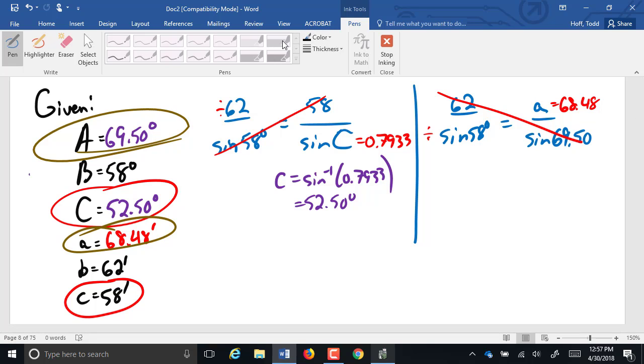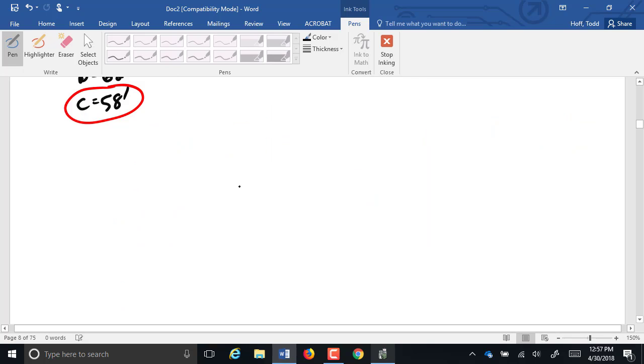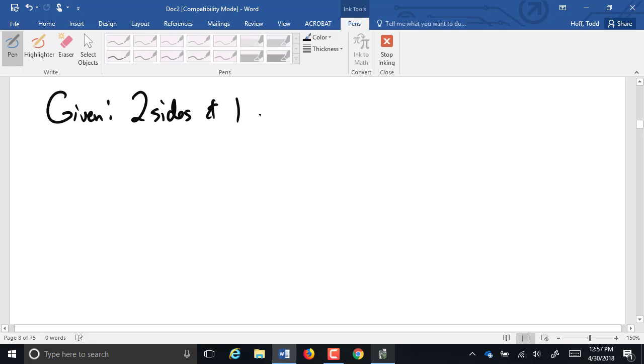So I made a big deal about that angle being opposite the longer of the two sides. Why would that be a big deal? So let's say we're given two sides and one angle that is opposite the shorter of the two sides.